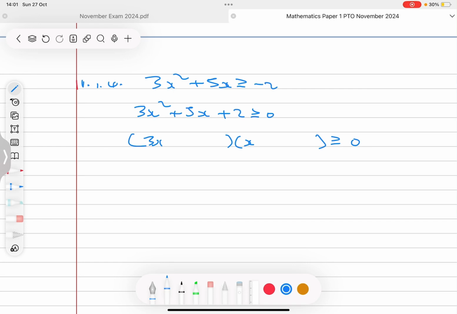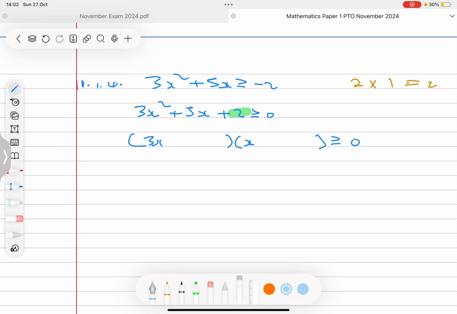Now you can see that we need to get the factors of 2, meaning 2 numbers that you multiply and they give you 2, right? So those numbers are 2 by 1. They'll give me the 2, right? So this 2 here is this 2 here.